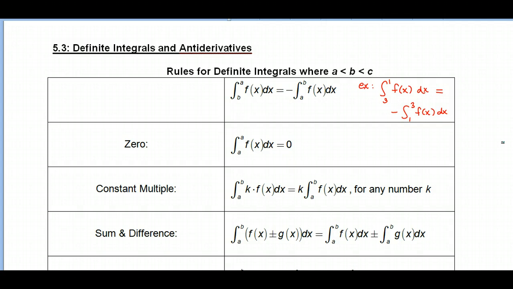It's like finding the area under the curve from 0 to 0, or from 1 to 1. The bounds tell you from here to here, but if your second bound is the same as the first, you haven't gone anywhere. So it would be 0.